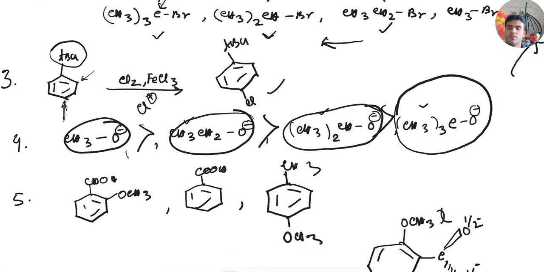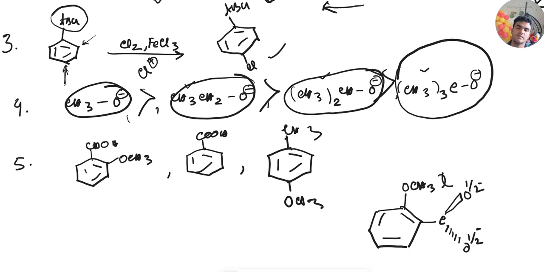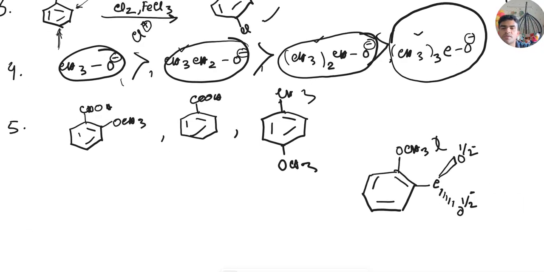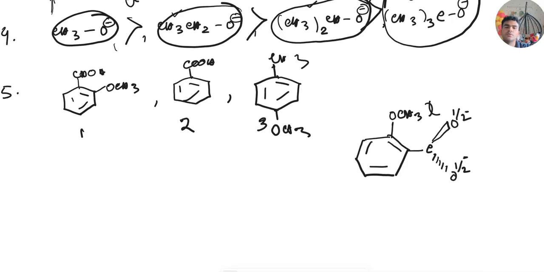Next we come to another one, the acidity of these three benzoic acids: ortho-methoxybenzoic acid, para-methoxybenzoic acid, and benzoic acid. We can explain this with the help of the stability of the conjugate base.